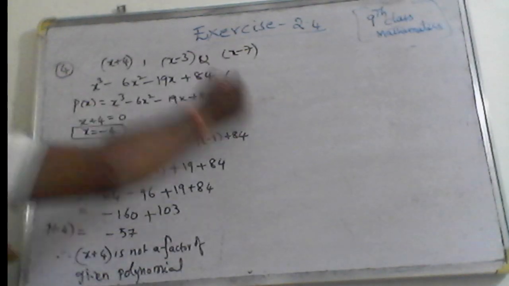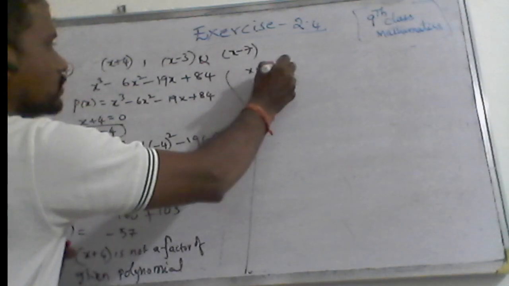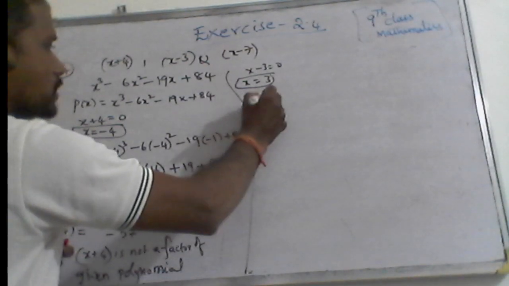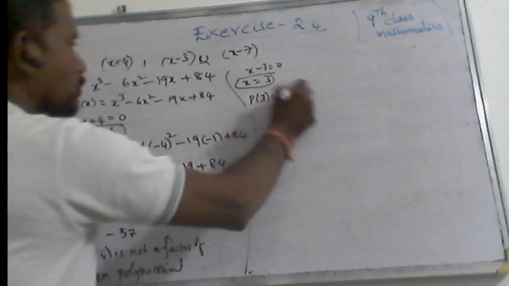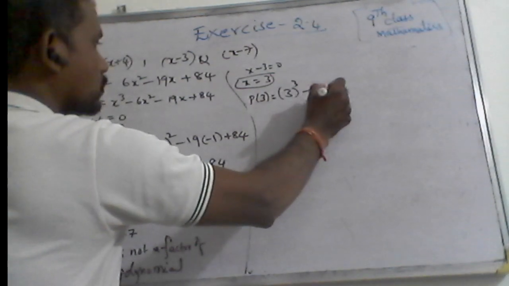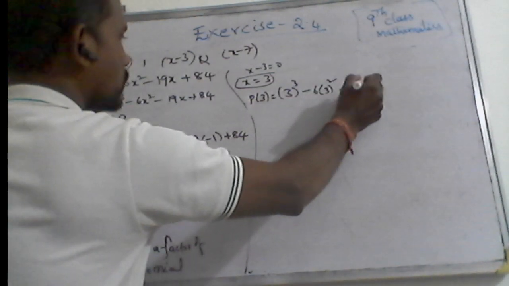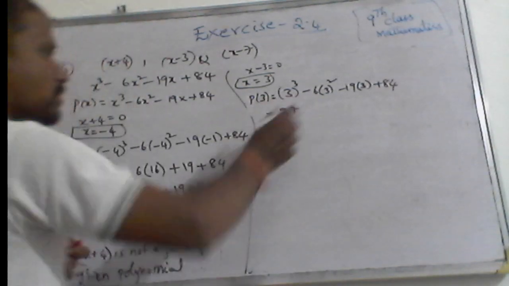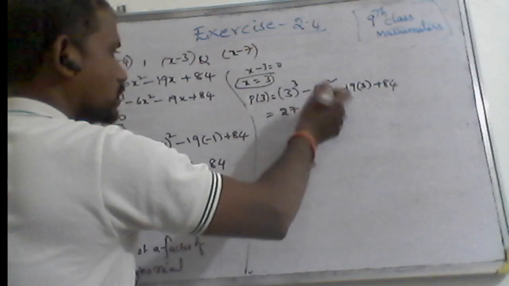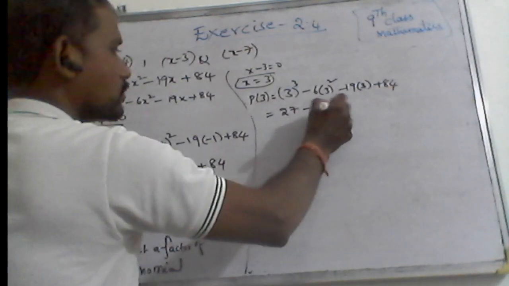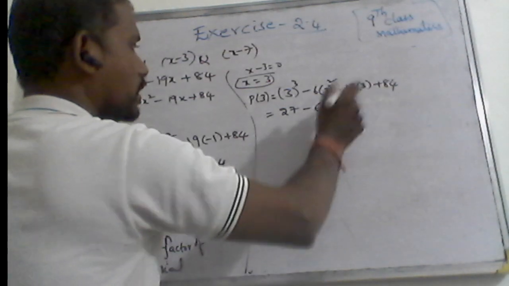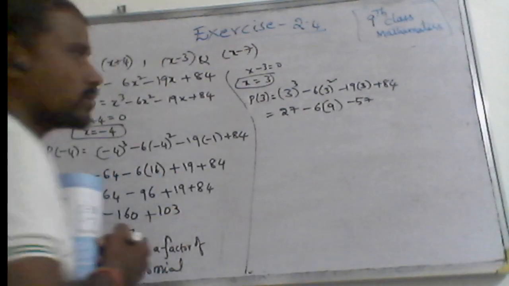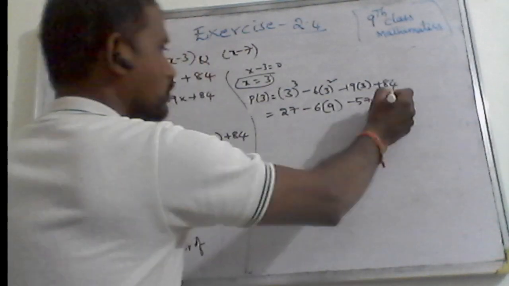So next one, x minus 3 equal to 0, x equal to plus 3. So p of 3 equals 3 whole cube minus 6 into 3 whole square minus 19 into 3 plus 84. So 3 whole cube is 27, minus 6 into 3 square value 9, so minus 54, minus 19 threes are 57, plus 84.